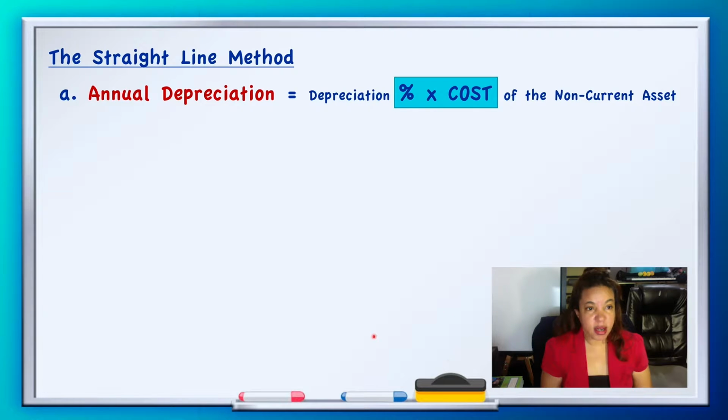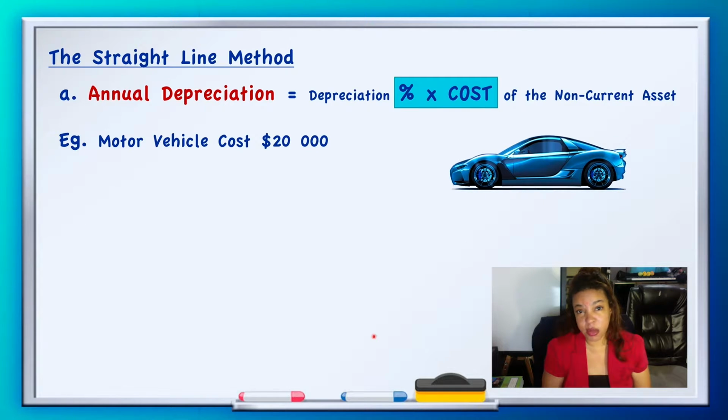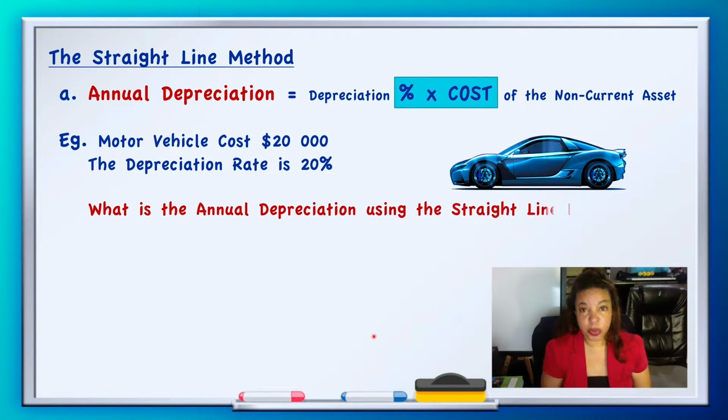So as we said, annual depreciation, straight line method, if you're given a percentage, it is percentage by cost. So for example, you have a motor vehicle that costs $20,000. The depreciation rate is 20%. So therefore, what will be the annual depreciation using the straight line method?